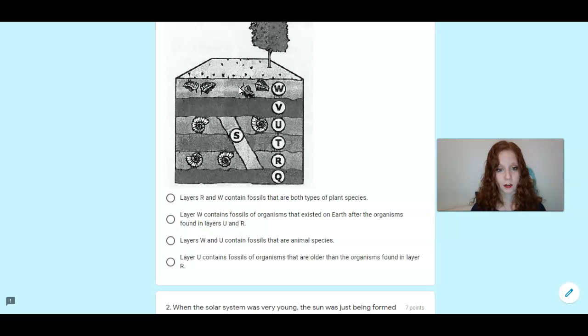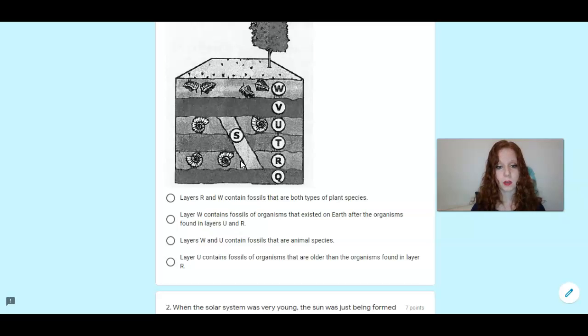Second one. Layer W contains fossils of organisms that existed on Earth after the organisms found in layers U and R, which is basically saying layer W is younger than layers U and R. So W is up here at the top, U and R are down here below. That's looking pretty good so far, but let's look at the other two just to double check.